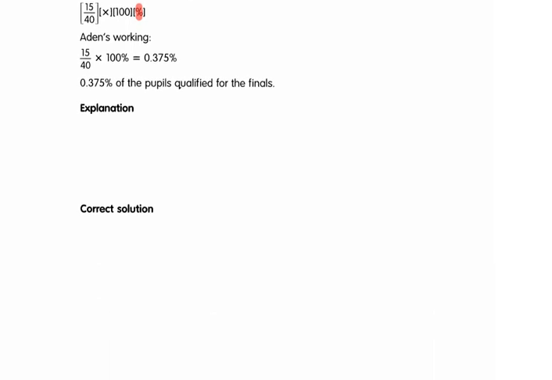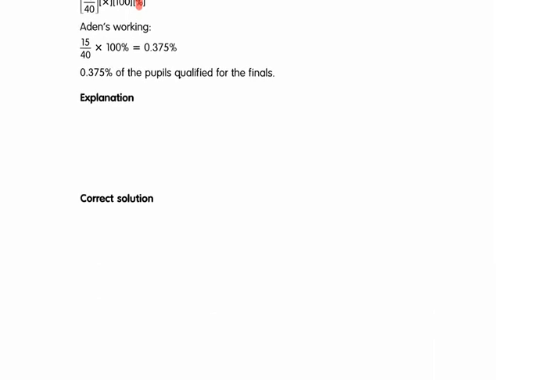Let me show you the correct solution. You should write 15 over 40 multiplied by 100% equals to 37.5%. This is the correct solution, right? Then, what's the explanation? You must write, he should not key in the percentage symbol into the calculator. Just write down whatever I'm writing.